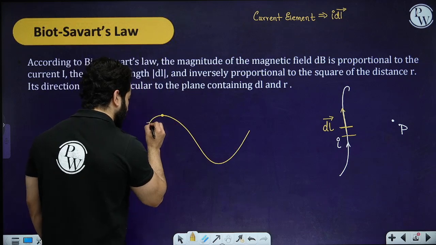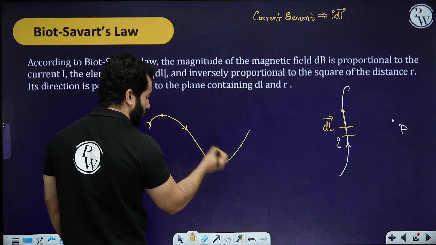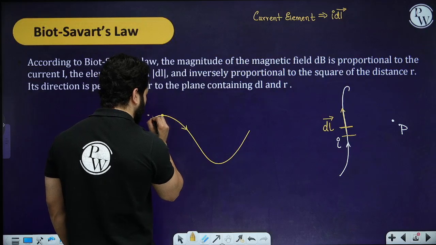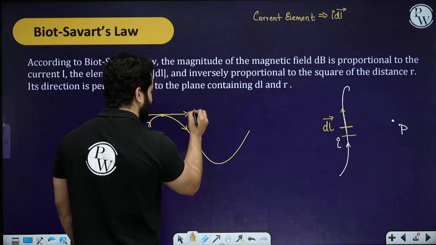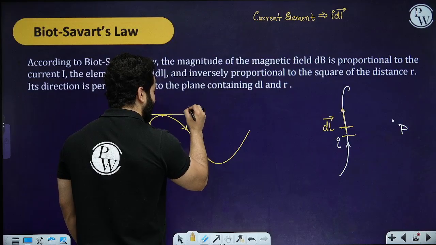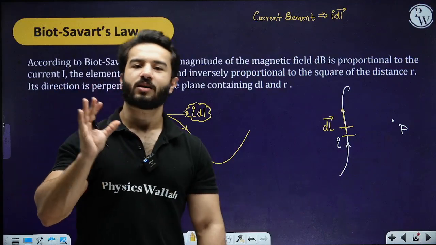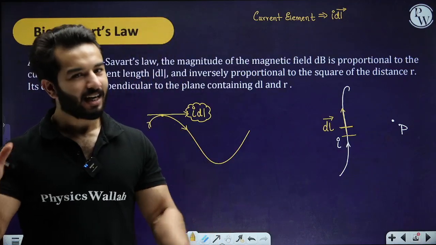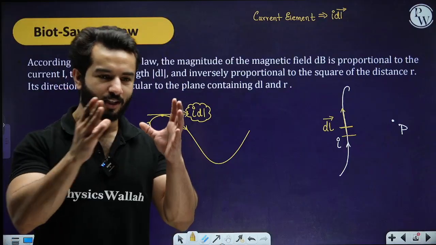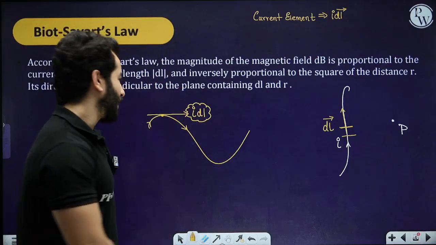Current is flowing along this wire something like this. So at this point draw a tangent. This is going to be the direction of the current element and the magnitude will be written as current times dl. So that is what a current element is. Very easy. It is a vector quantity. Its magnitude is just current times the length of that element.